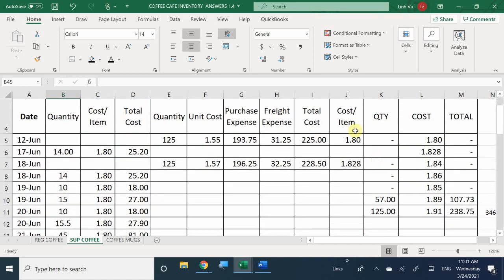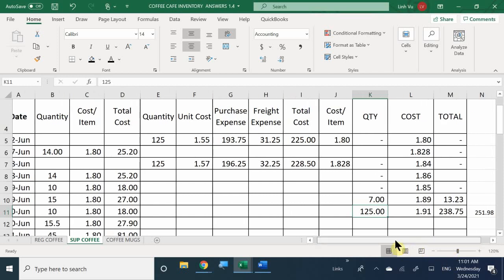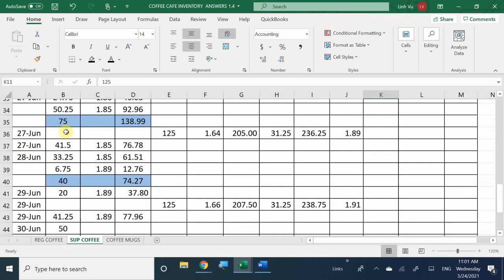Yes, we do. I should have 7 left, right? 57 minus 50. Okay, bringing me a grand total in my ending balance to be 251.98.